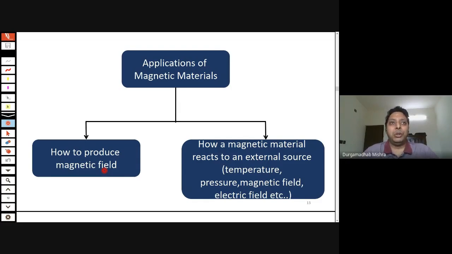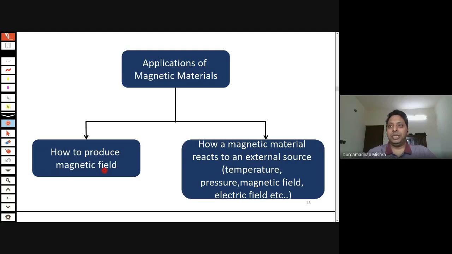You design your material in such a way that it can produce as much magnetic field as you need without compromising on performance, consuming less power, and so on. The other application is how a magnetic material reacts to certain external perturbation or external sources.